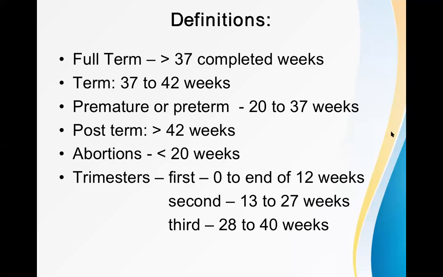First trimester, second trimester, and third trimester. The first trimester is from the beginning till the end of 12 weeks. Second starts from 13 to 27 weeks, and the third from 28 till the end, that is 40 weeks. So these are the 3 trimesters of pregnancy, and each trimester has its own importance.